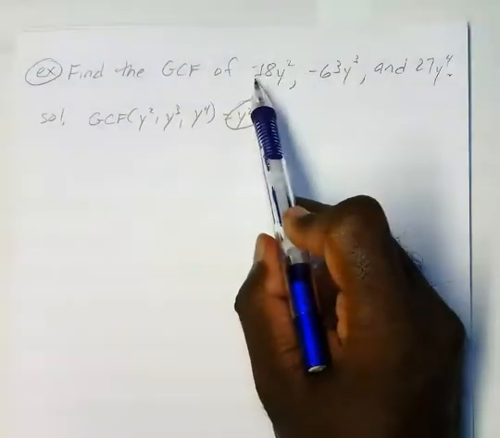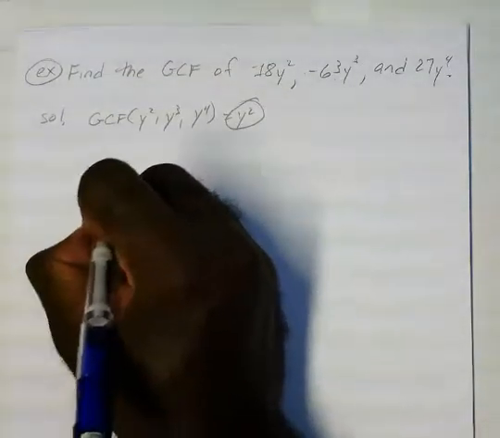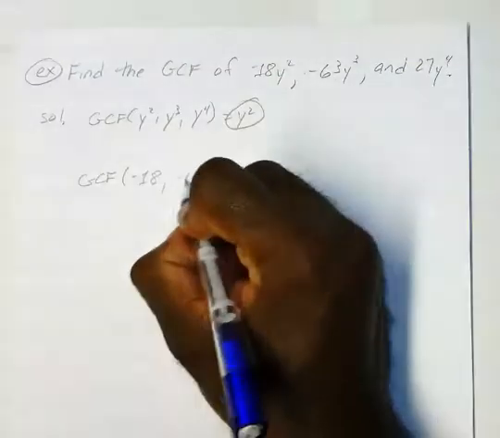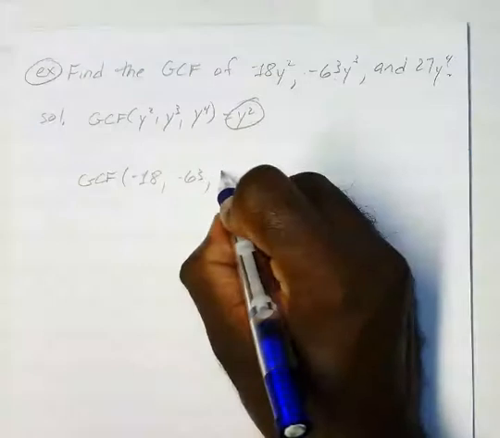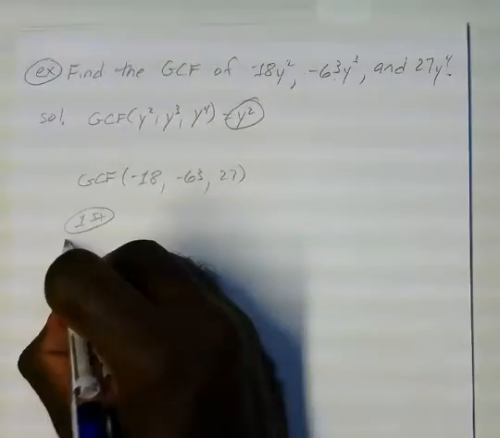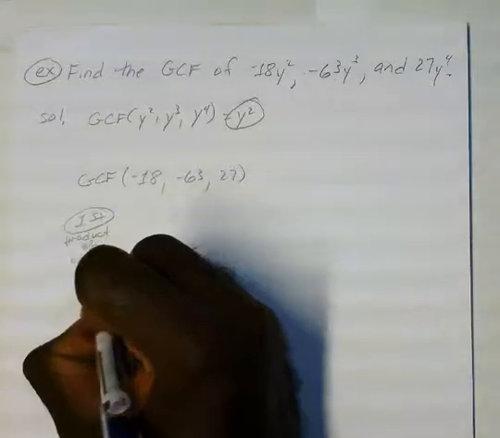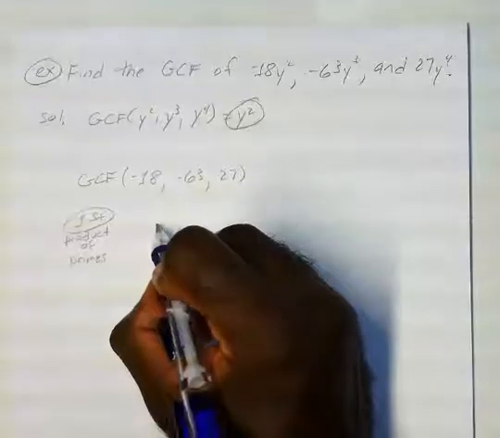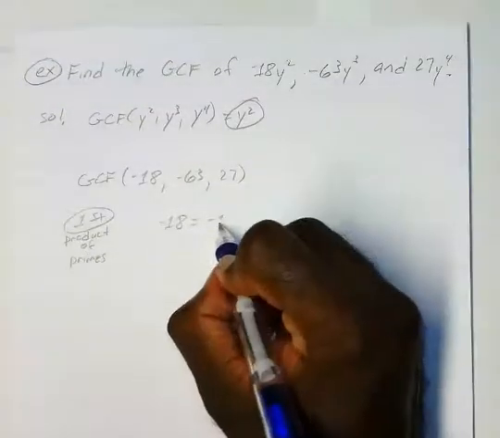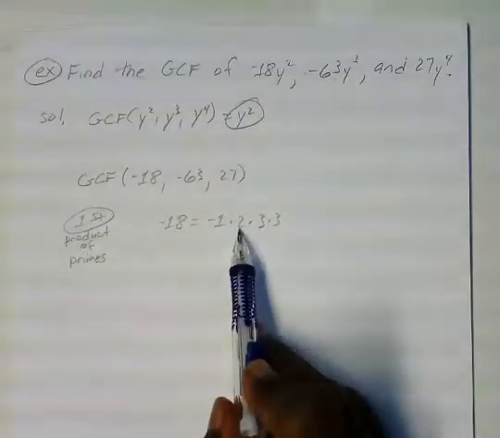Now we have to find the greatest common factor of the numerical parts. So to find the greatest common factor of negative 18, negative 63, and 27, we have to follow our steps. So first, you have product of primes. We know negative 18, if you do the factor tree, that's going to be negative 1 times 2 times 3 times 3, where you have 9 times 2 times negative 1.